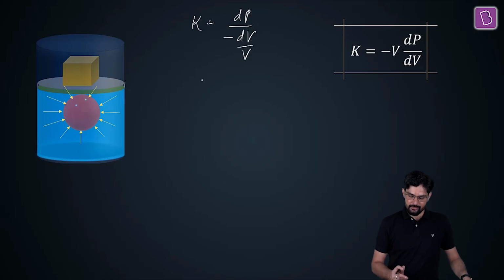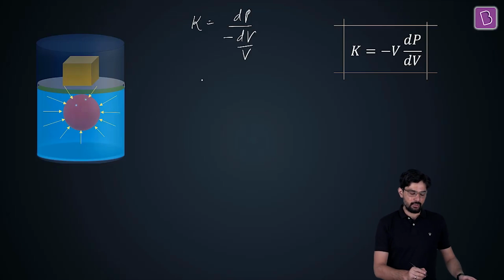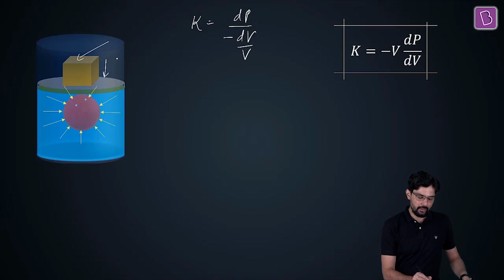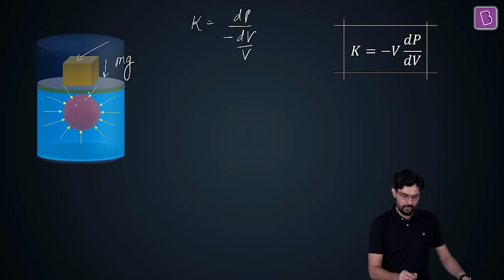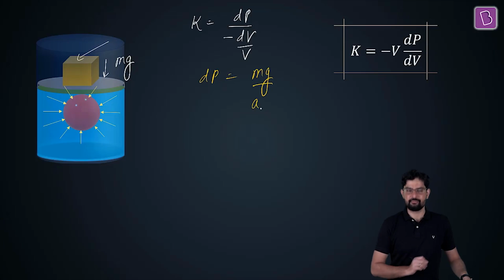Now what is the change in pressure? Well, the change in pressure is due to the mass, right? So the force due to the mass is m into g, and the area of the piston is A. So we have the change in pressure dP to be equal to mg divided by A. Agreed?